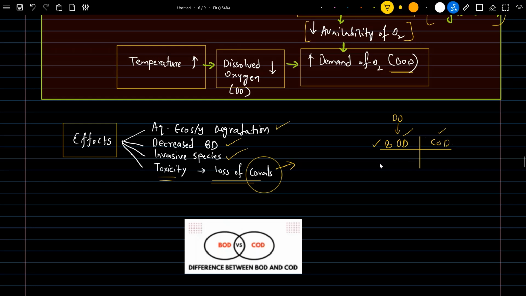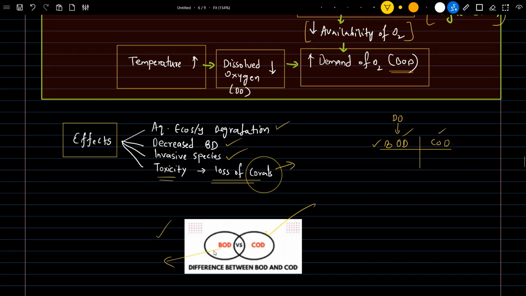Next, coming to the difference between biological oxygen demand and chemical oxygen demand. Biological oxygen demand is the measurement of oxygen consumed by aquatic microorganisms, meaning how much oxygen is needed for a microorganism to decompose or oxidize organic matter.